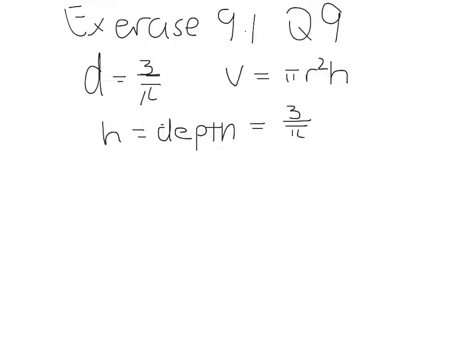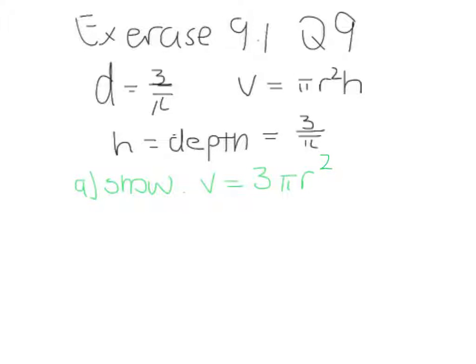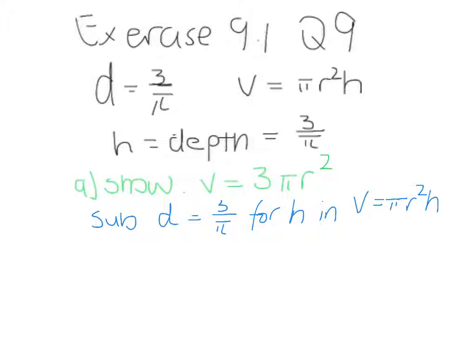So the question part A says, show that the volume is 3 pi r squared. To show this, we are going to substitute our depth into our original equation, V equals pi r squared h. So we have V equals pi times r squared times 3 over pi.